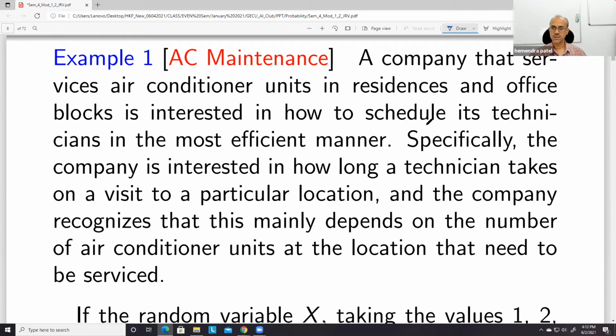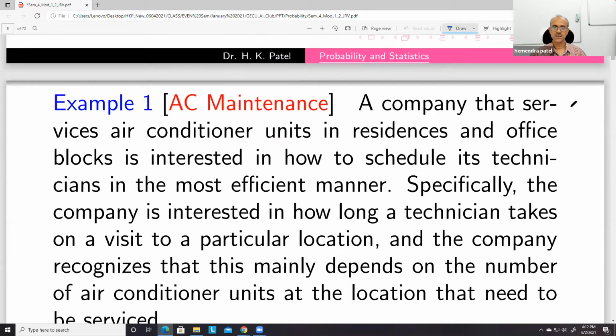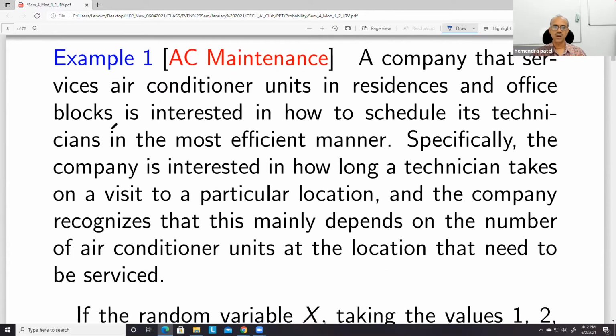So let us see the AC maintenance problem. A company that services air conditioner units in residences and office blocks is interested in how to schedule its technicians in the most efficient manner. Specifically, the company is interested in how long a technician takes on a visit to a particular location, and this mainly depends on the number of air conditioner units at the location that need to be serviced.